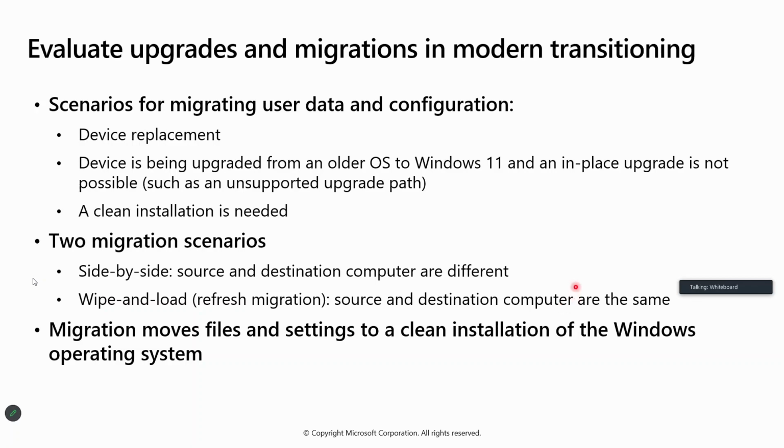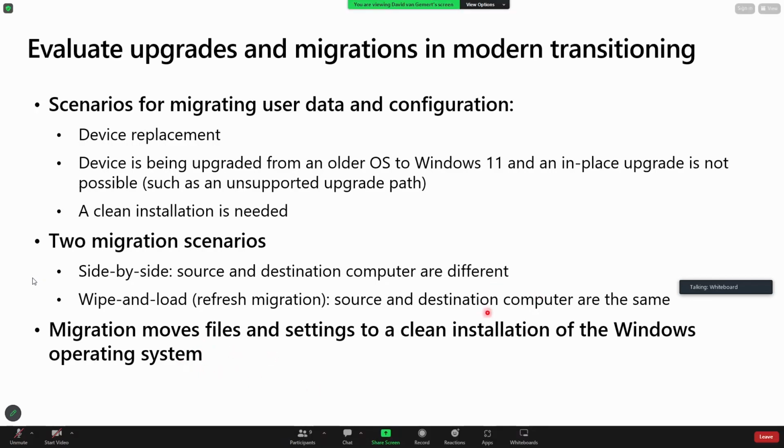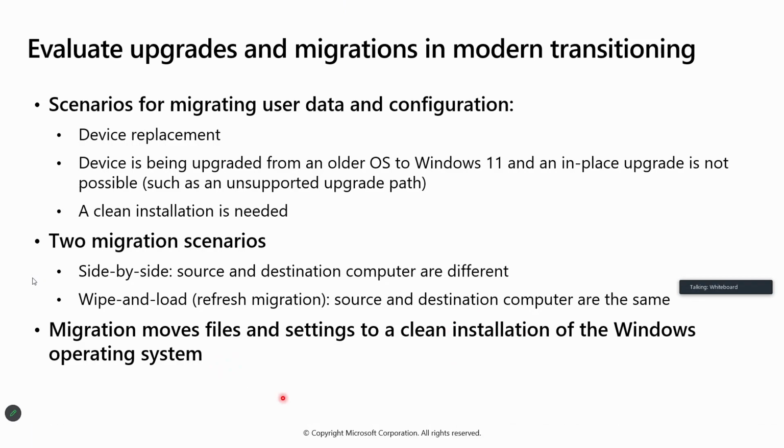So before I go and do the installation on the new computer, I may want to go and get all my data off it, store it on an intermediate storage, and then replace it afterwards because it might be lost after the install. Having said that, migration moves files and settings to a clean installation of the Windows operating system. But when we do a reinstallation of the operating system, if it detects that we've already got Windows on that computer, it doesn't actually delete the Windows.